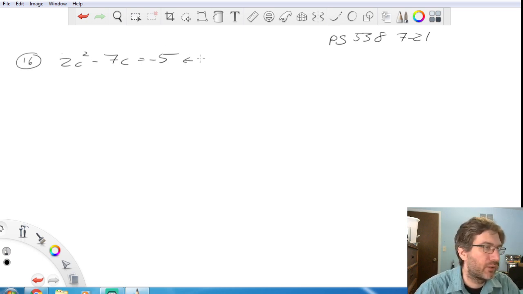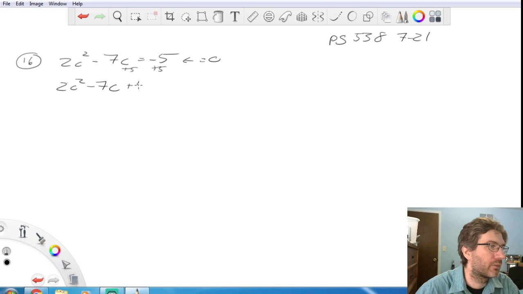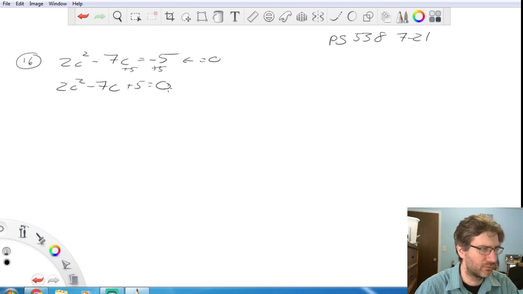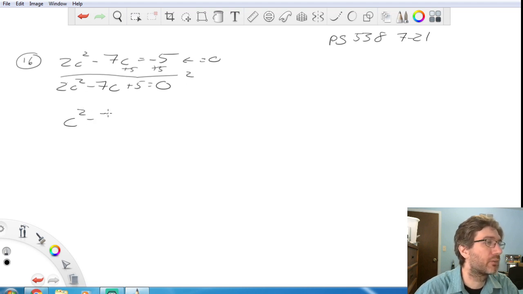So first step, you want to get it equal to 0. So that's going to be 2c squared minus 7c. And again, you're adding 5 to both sides. So plus 5 equals 0. Then you're going to factor, so slide and divide that out. You get c squared minus 7c plus 10 equals 0.